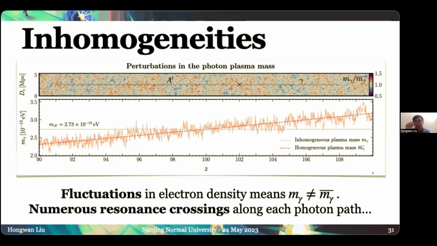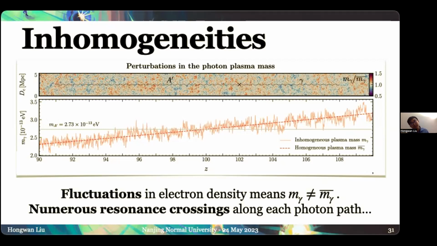And so you see all these little wiggles. And of course, every time the plasma mass matches the A' mass, you're going to get some resonant conversion. So every time this wiggly red line here passes this gray line here, where we take the A' mass to be something like 2 × 10^-13 eV, you're going to get some resonant conversions. And you can see that there are lots of resonant conversions happening between a redshift of something like 106 all the way down to 94.